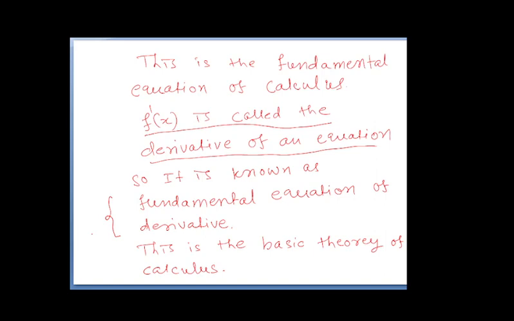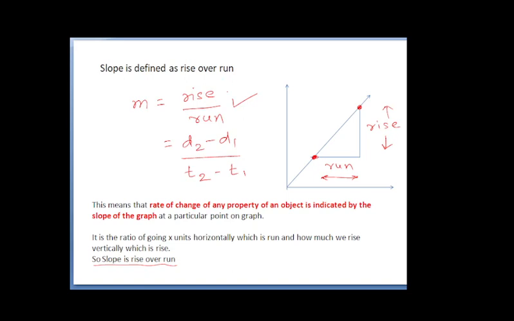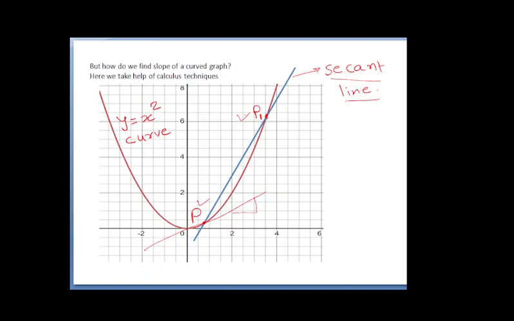I hope you have understood the basic theory of calculus. It is nothing but the rate of change. For a straight line, it is very easy to find the slope, because rate of change is nothing but the slope, and we find the slope with the equation rise over run. But what happens when we have a curved graph?